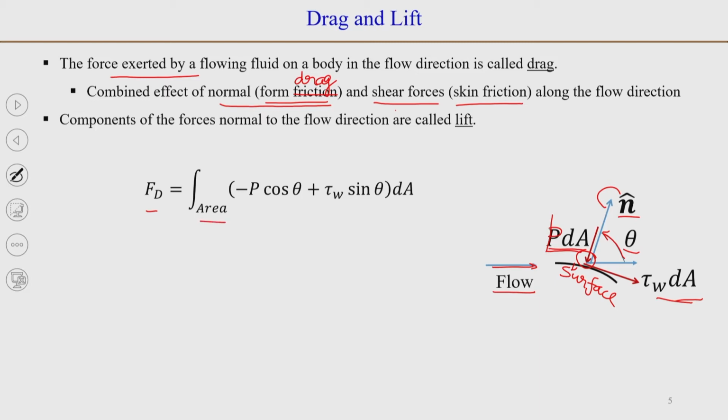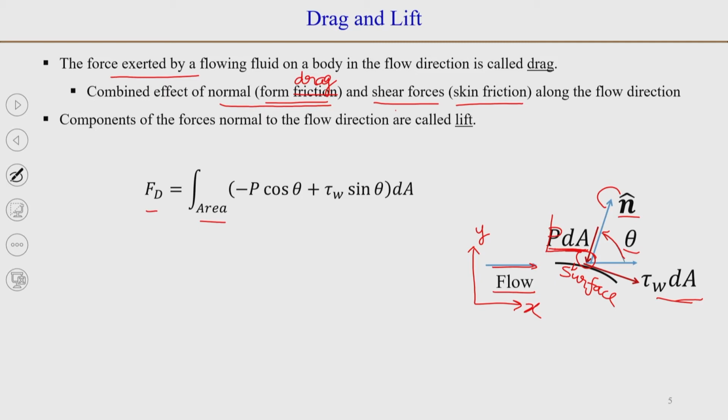For this differential surface, we can write the component of pressure force will be P dA cos theta, and my x and y coordinates are these. So, P dA cos theta will be the component of force P dA or component of pressure force.